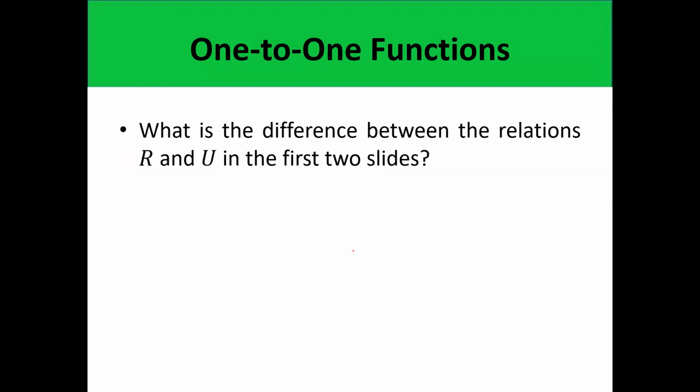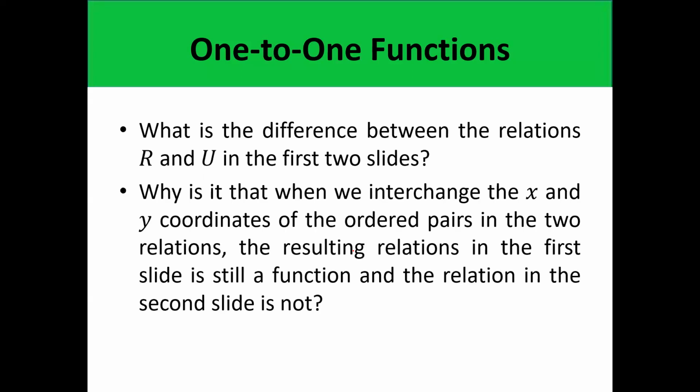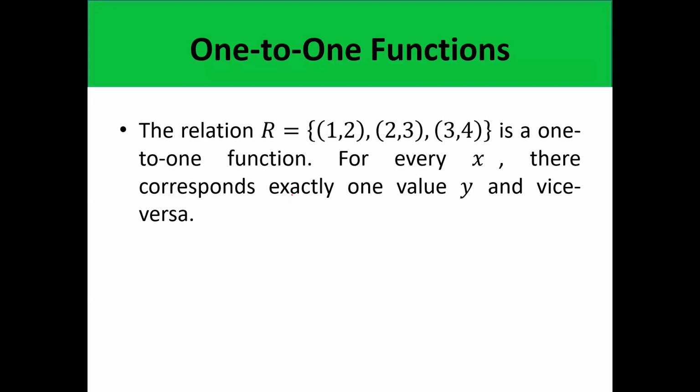So what's the difference between the relations R and U in the first two slides? Why is it that when we interchange the x and y coordinates of the ordered pairs in the two relations, the resulting relation in the first slide is still a function, and the relation in the second slide is not a function? It is because the relation R from the first slide is a one-to-one function.